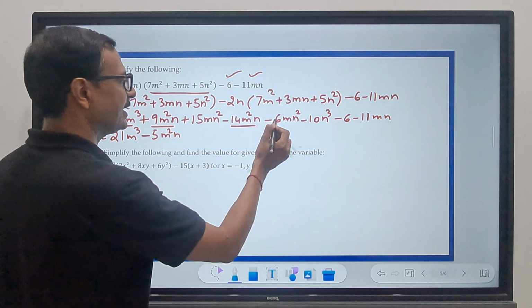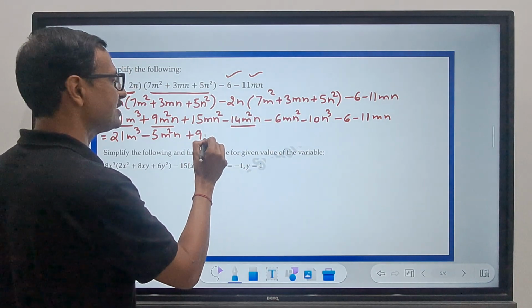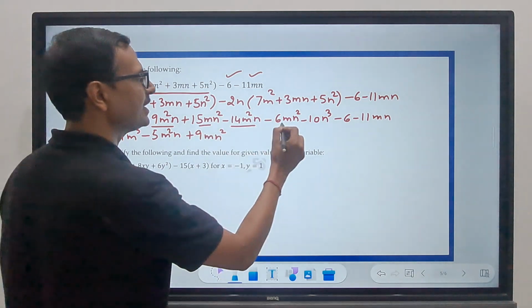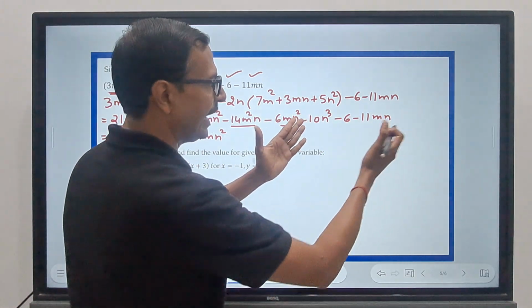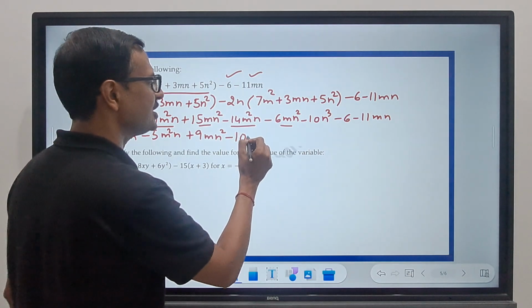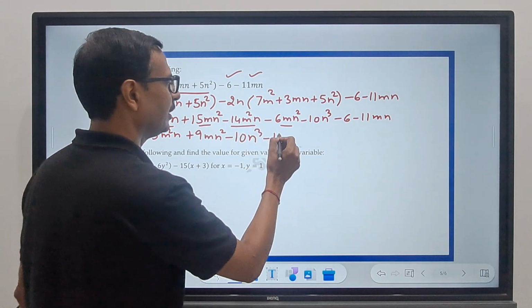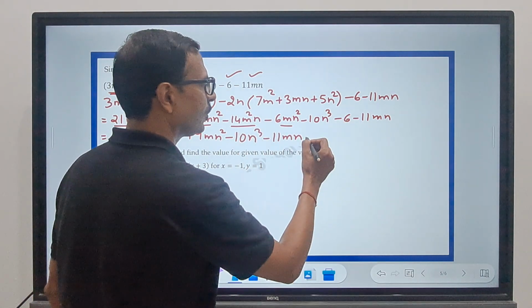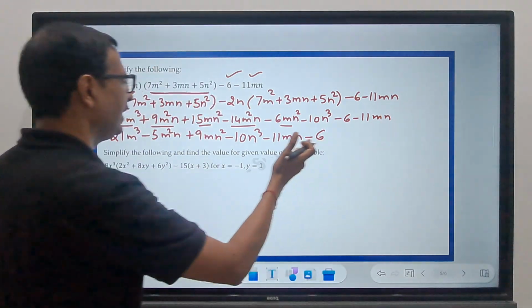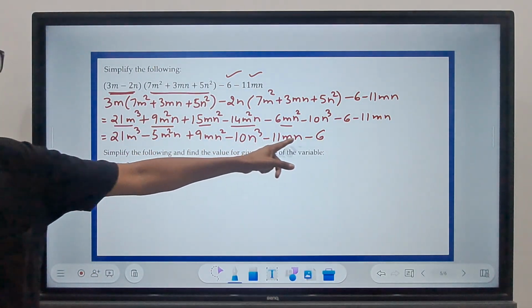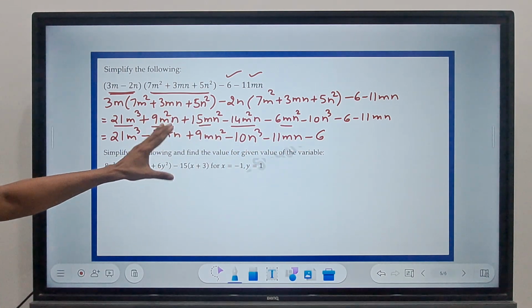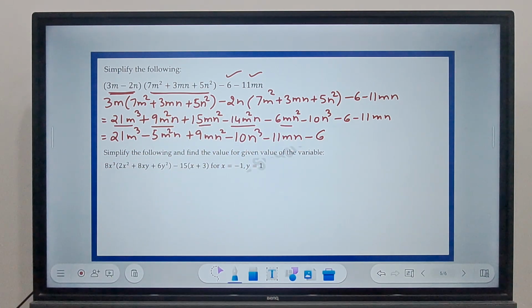So plus 15 minus 6 is plus 9mn square. So done with this and this. And rest of the three terms, I don't think there are any like terms there. So I will write them without any change. Maybe push the constant term in the end. And there we have the final answer for the question, because all these terms which are there are unlike terms. So that is the correct answer.